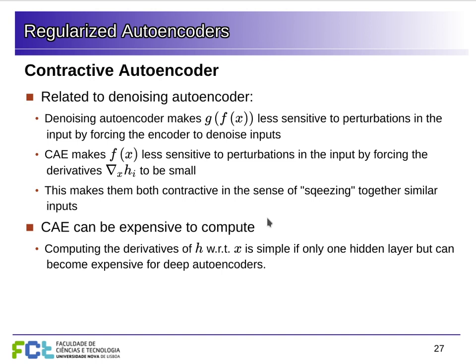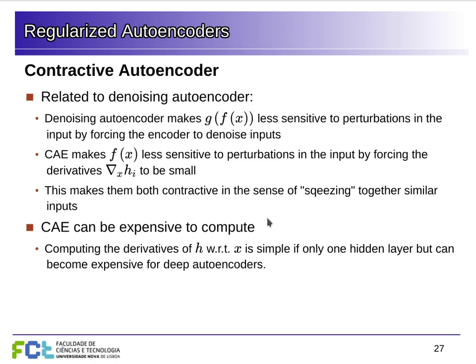You can imagine that a denoising autoencoder makes the whole network less sensitive to perturbations in the input, because we give it small perturbations in the input and force it to map to the same original image. A contractive autoencoder makes the first part, the encoding itself, less sensitive to perturbations in the input by forcing the derivatives of the hidden representation with respect to the input to be small.